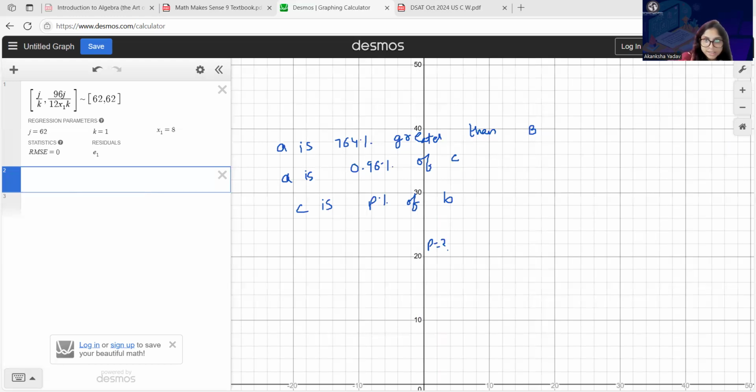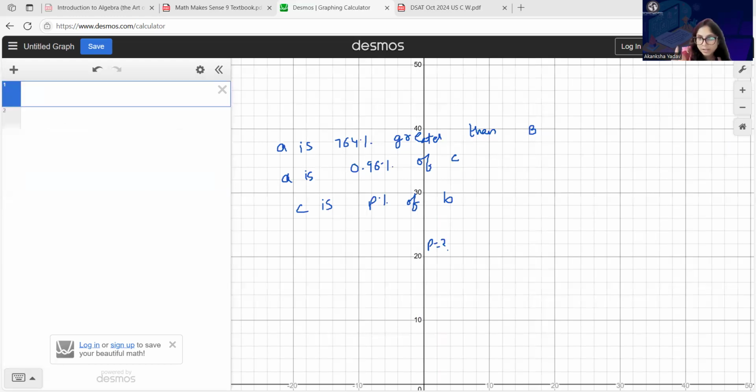First one is A is 764% greater than B. So you'll be adding 100% to it. So it is A is equal to 864% of B, right?